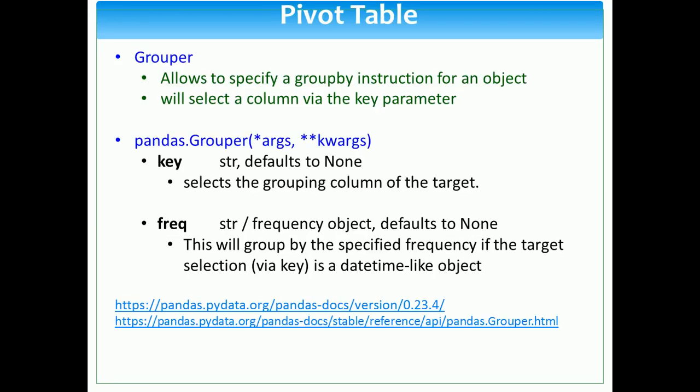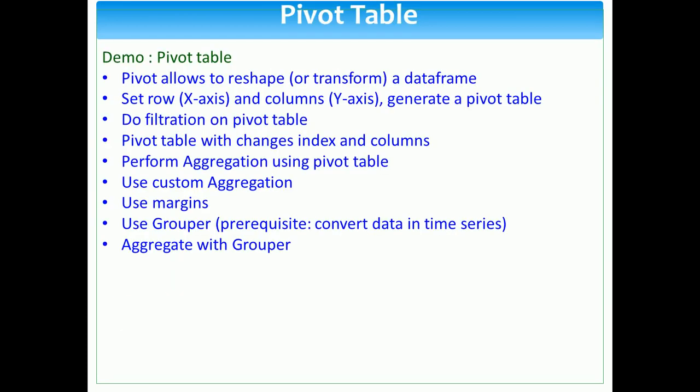Now we will try to understand the demo. As part of the demo, we are going to make use of pivot to reshape or transform a data frame. Then we will set rows as the x-axis and columns as the y-axis, and generate the pivot table. So we will do that selection. Then we will change the index and columns.